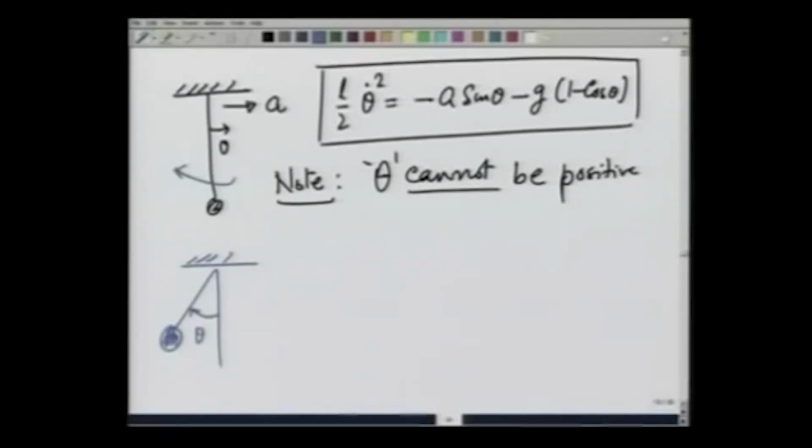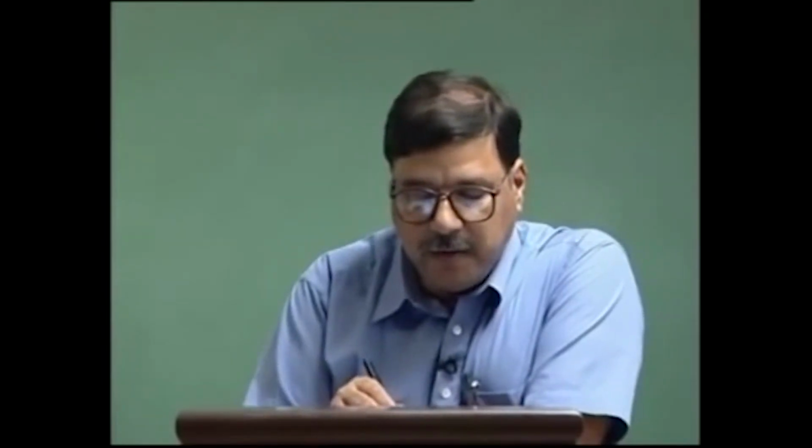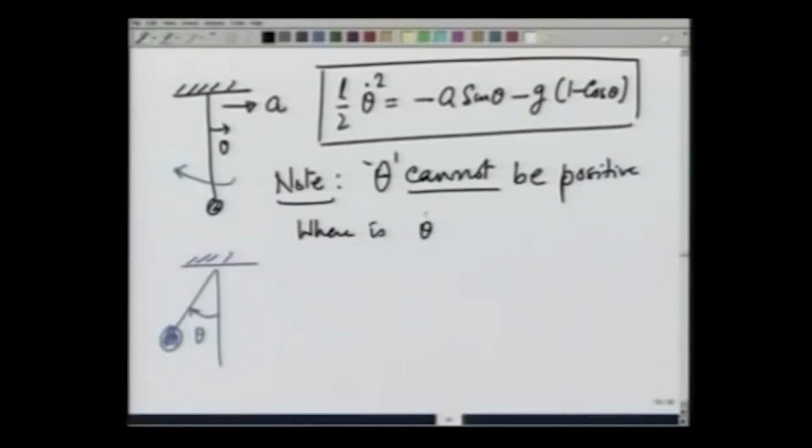And where does it stop? So, the question we ask, where is theta dot square 0?